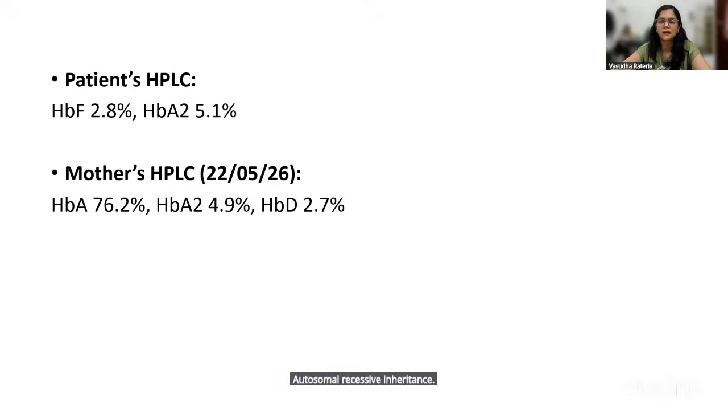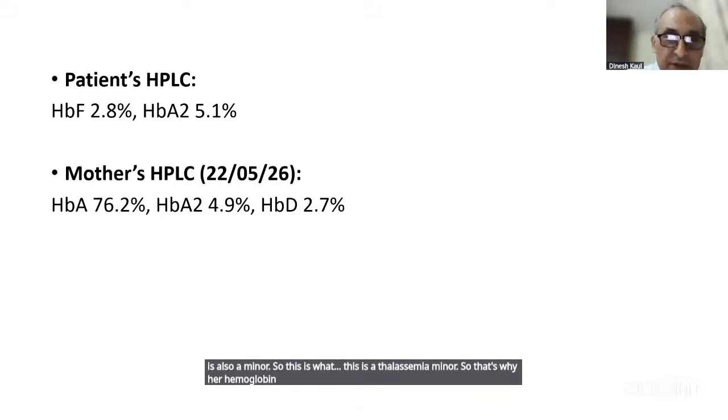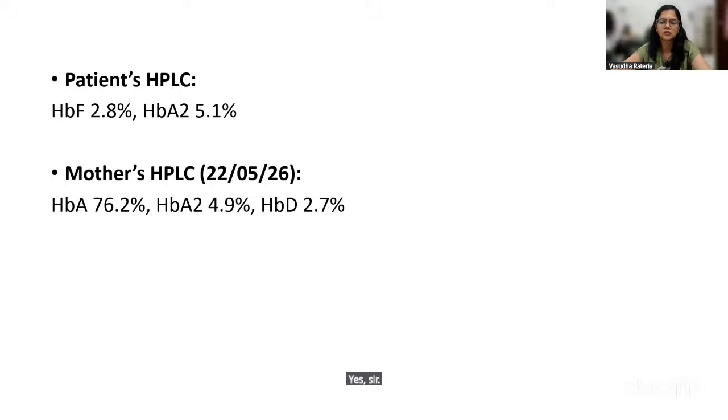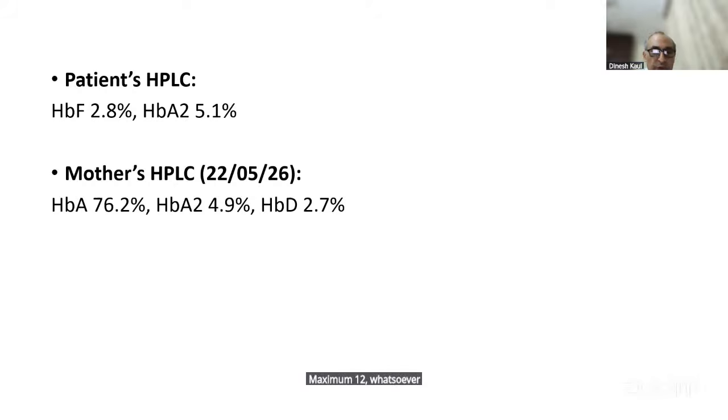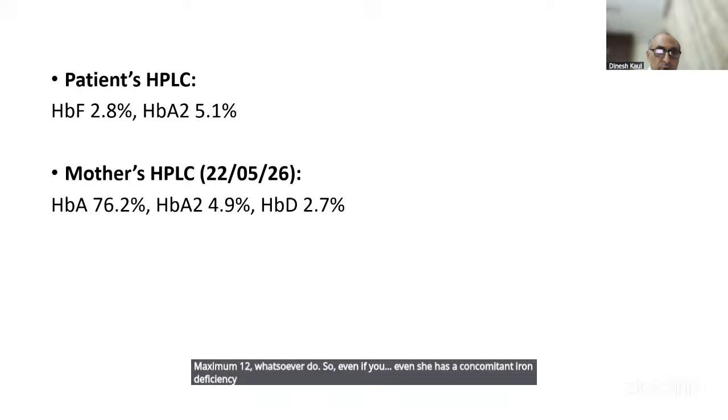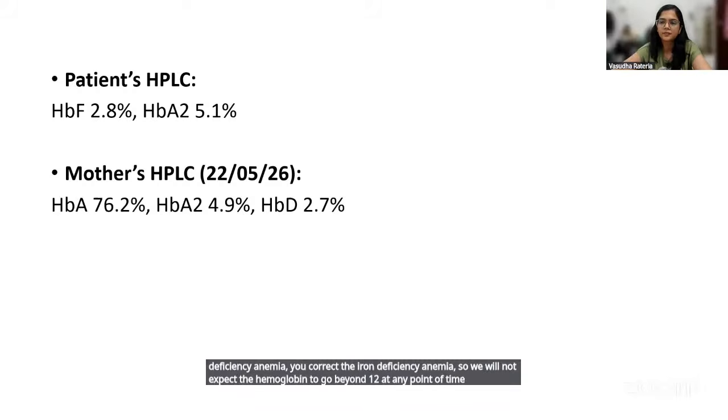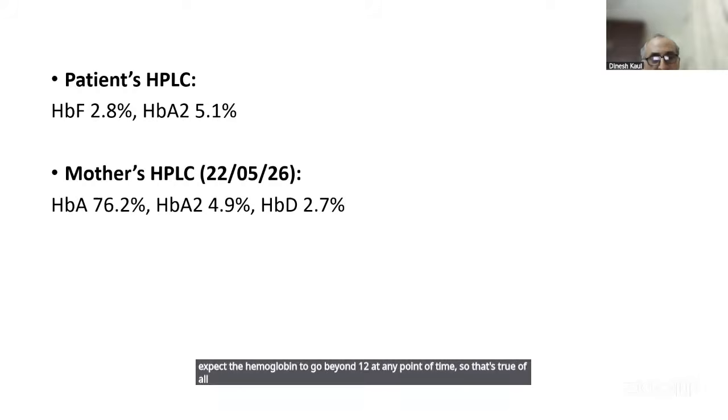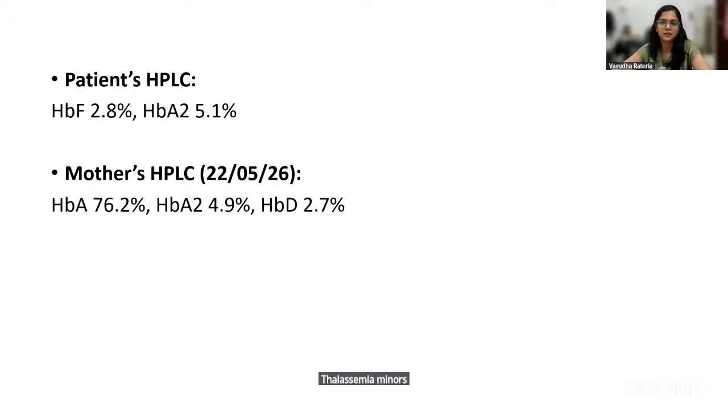So her hemoglobin will never improve more than 10, maximum 12, whatsoever you do. Even if she has a concomitant iron deficiency anemia and you correct it, we will not expect the hemoglobin to go beyond 12 at any point of time. That's true of all thalassemia minors.